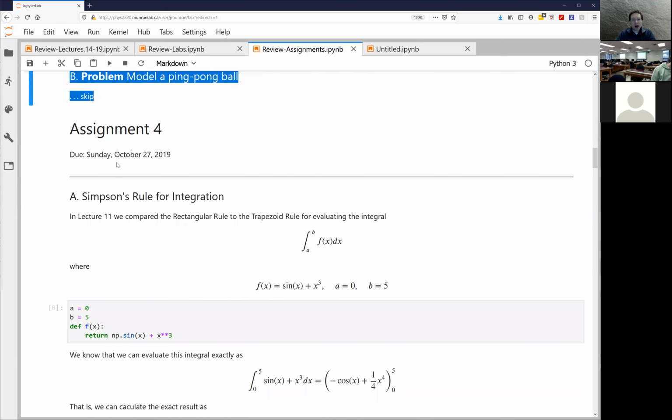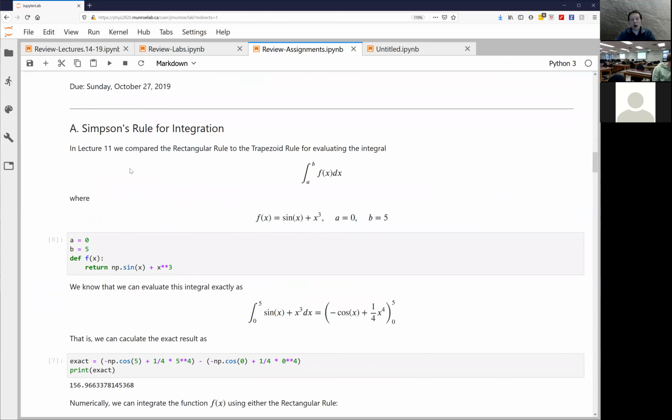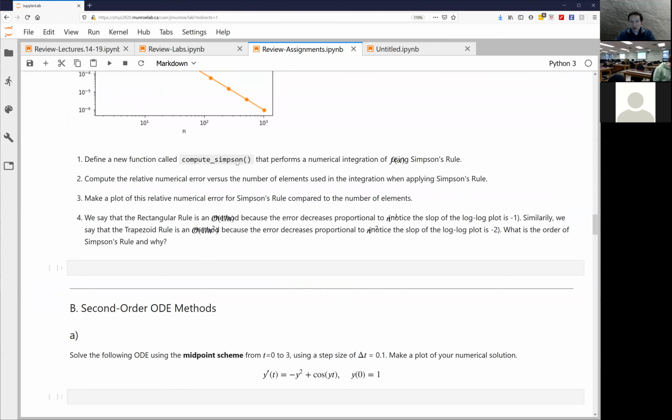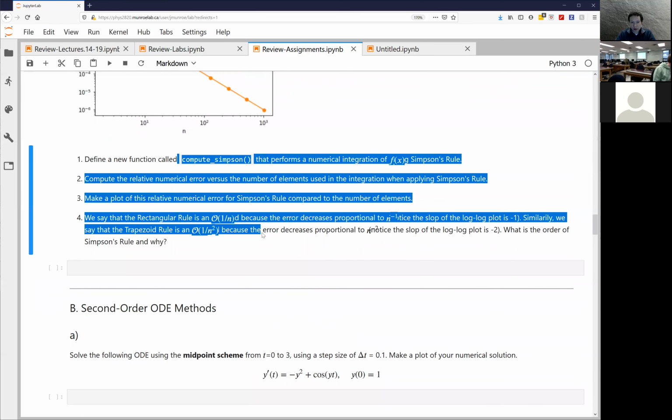This idea of investigating how well a numerical method works, like an integration method, that's useful. So here's one where we compared a rectangular rule to a trapezoid rule, and then we compared how well it worked for another numerical method like Simpson's.